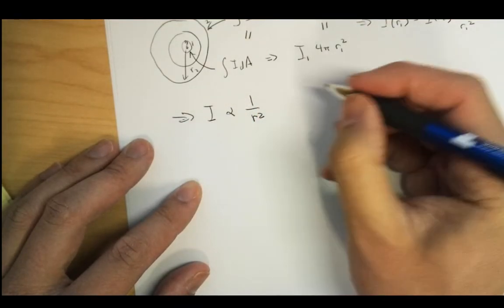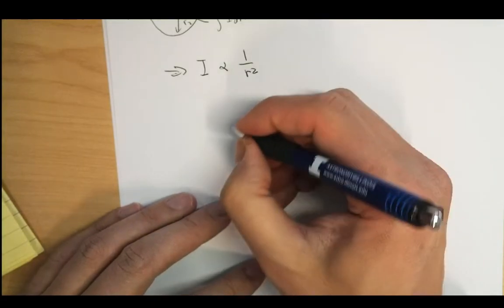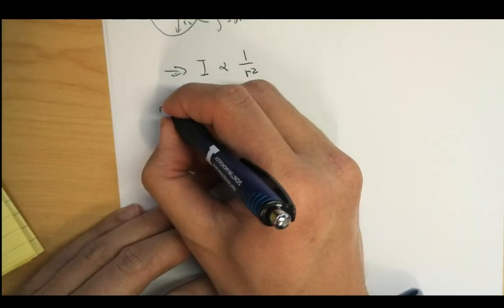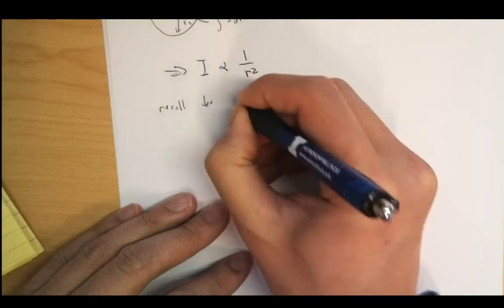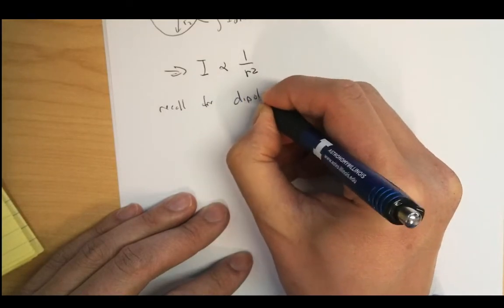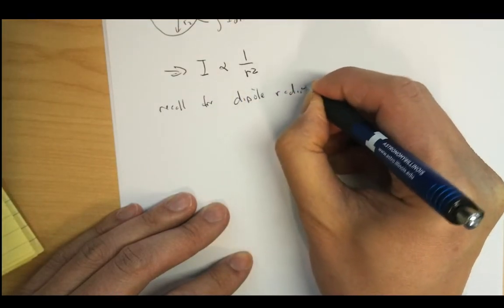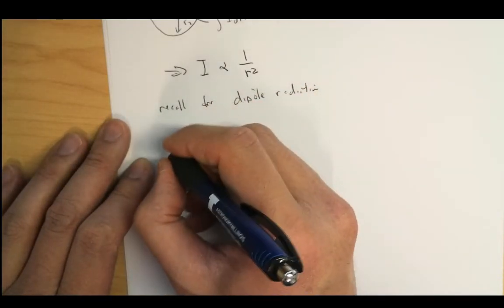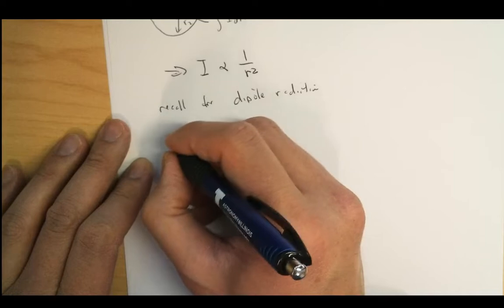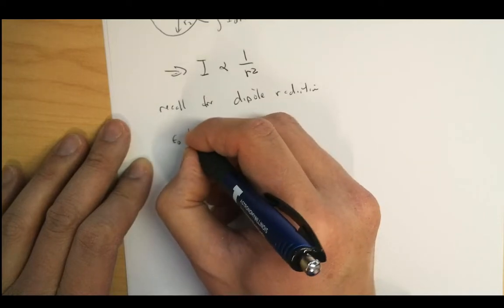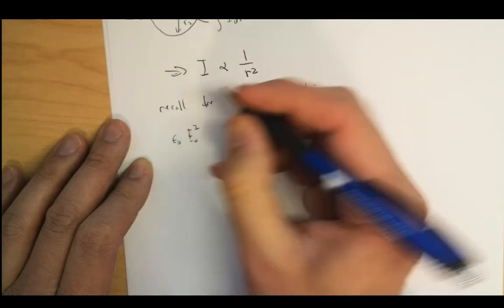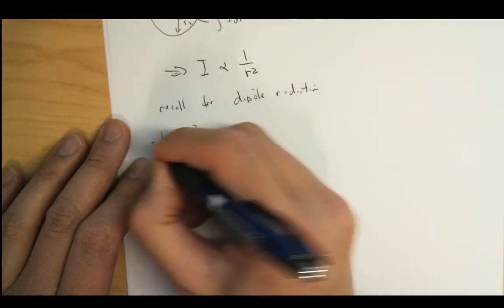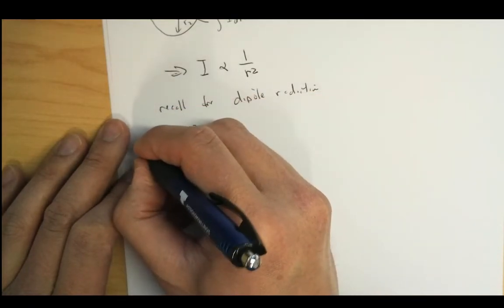All right, so now let's recall dipole radiation. What we had was epsilon 0 E0 squared, with a 1/2 out in front or something like that. This is UE.